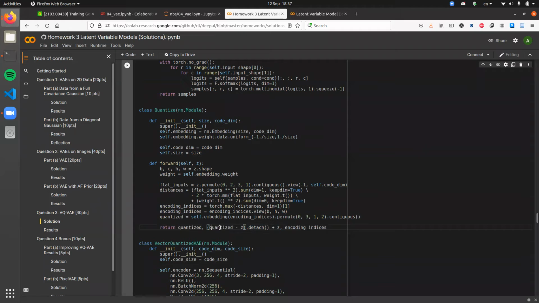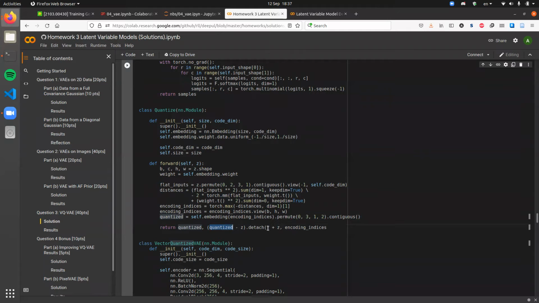So we take quantized minus z, we detach it, and add z. You can see that we add and subtract z, and we have quantized here.